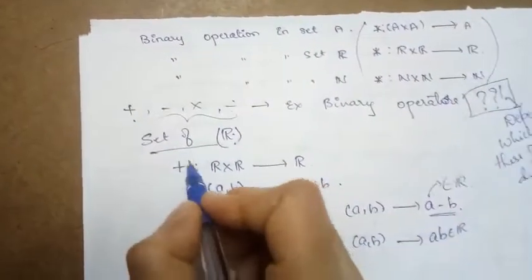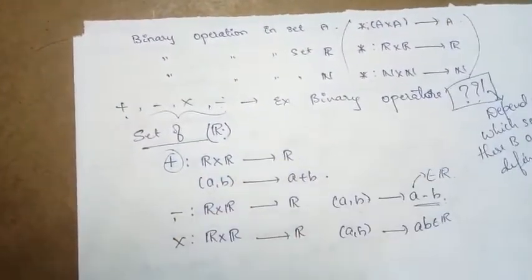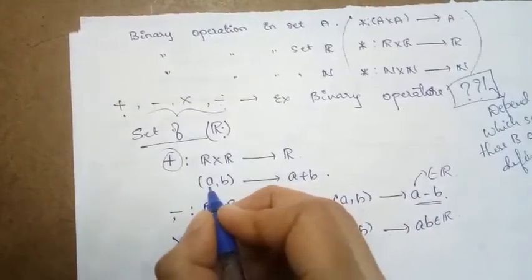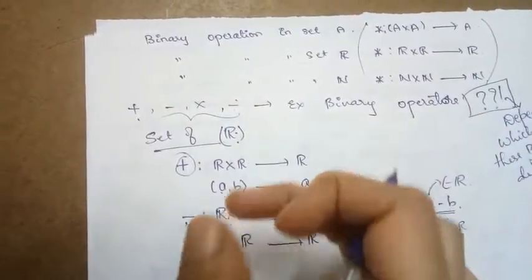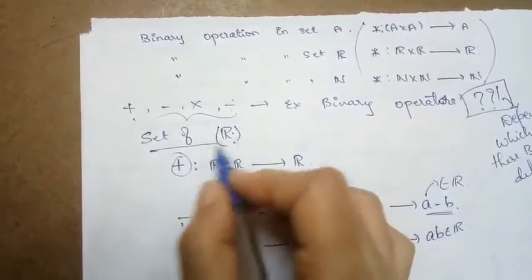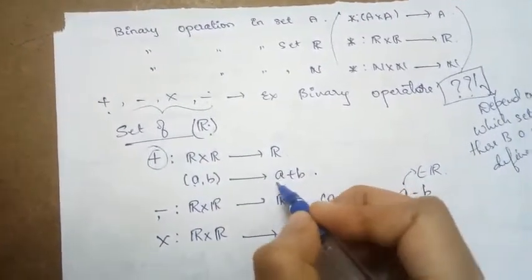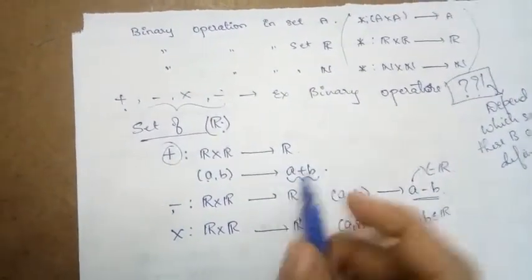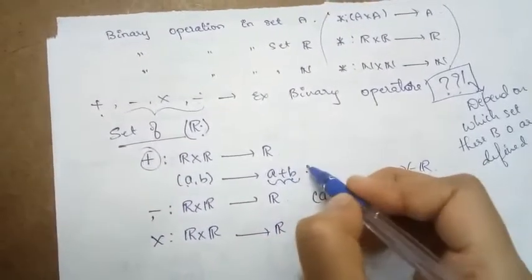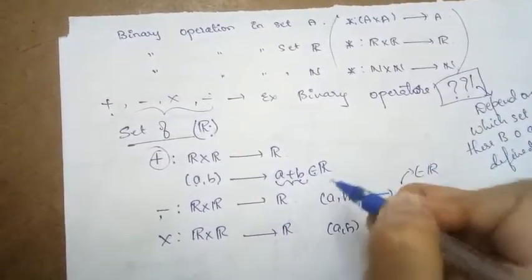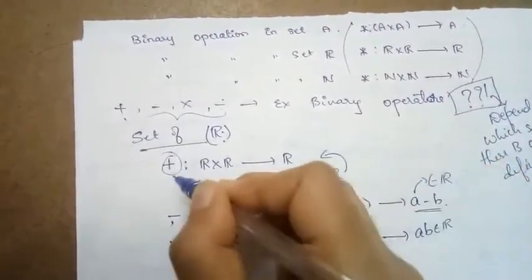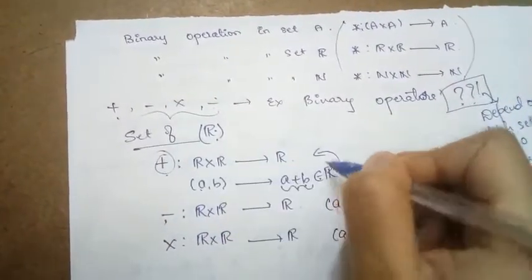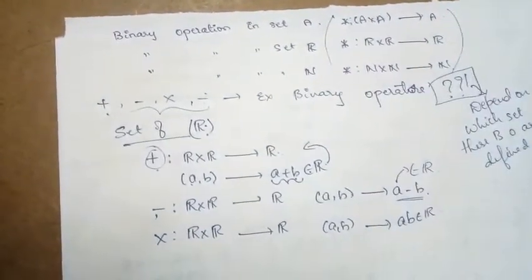So when we say an operator is a binary operation, if we take any two elements from the Cartesian product of real numbers, whatever element we get here belongs to the set of real numbers. At that time we are saying addition is a binary operation on the set of real numbers.